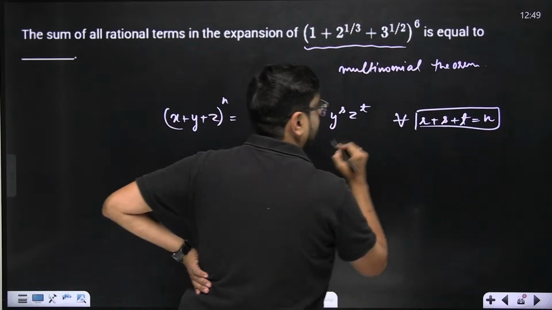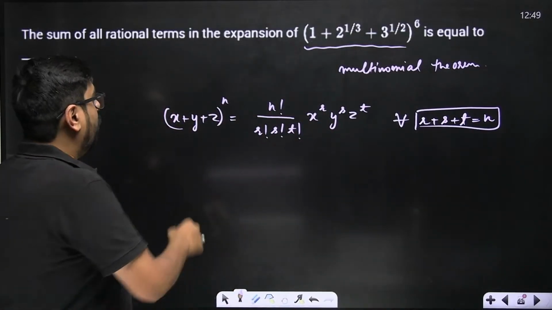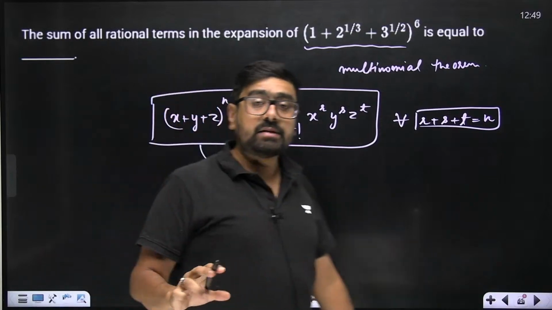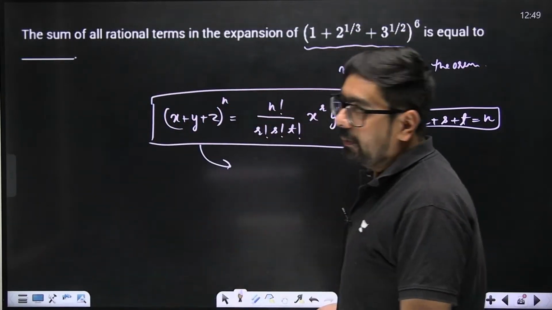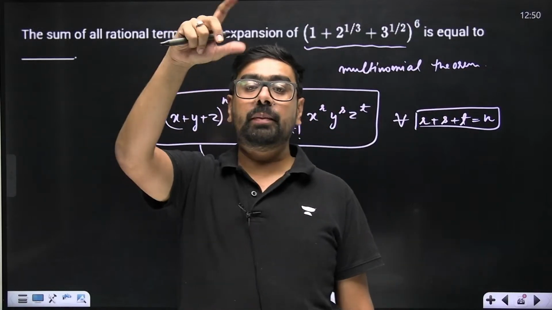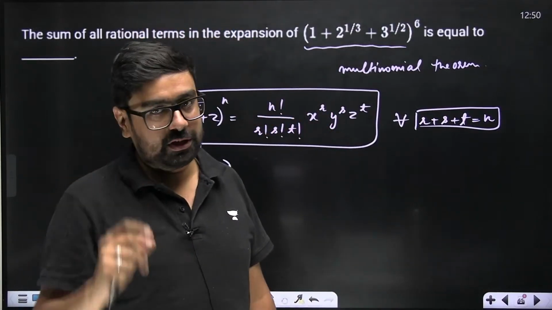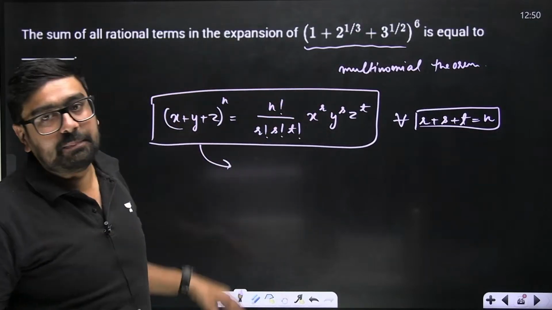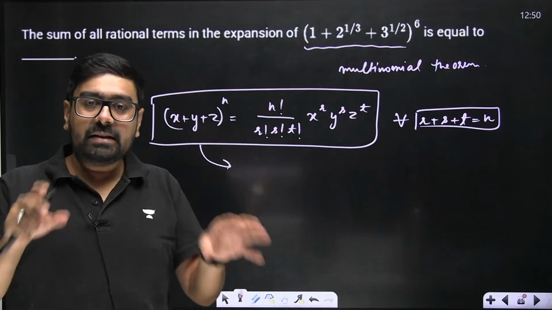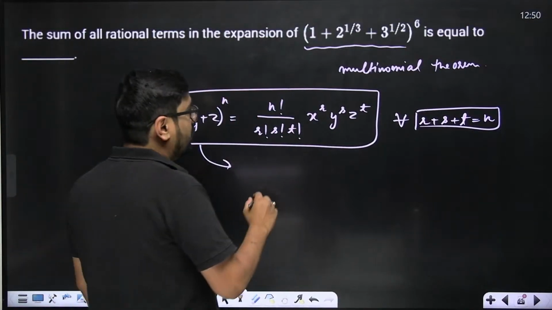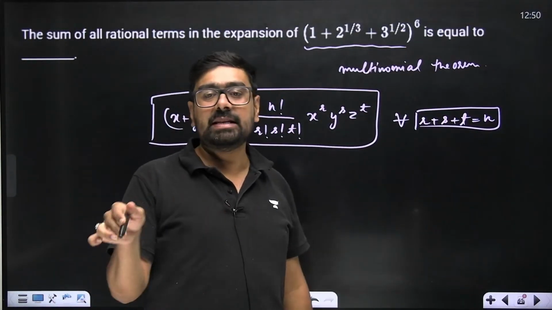Also know one more thing about this multinomial theorem, which is sometimes asked directly. What will be the number of terms in this? The number of terms we derive by the distribution method that we learn in PNC, permutations and combinations. How to distribute n identical things among 3 people, that part, which comes out as (n + r - 1)C(r - 1).